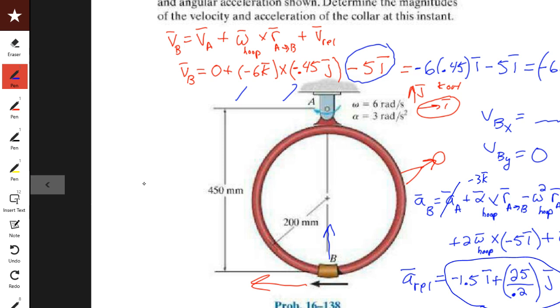The r, I've got that, same r as before. Omega of the hoop, I've got that, it was 6. So I've got everything I need. The only unknowns are the acceleration of B in the x and in the y. So I just plug and chug.